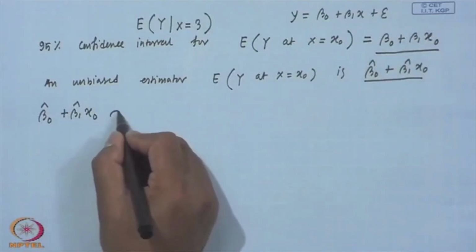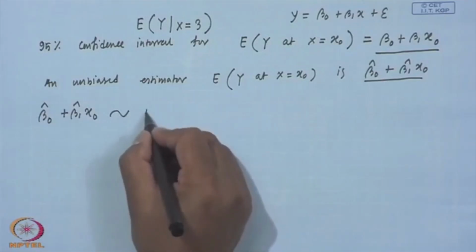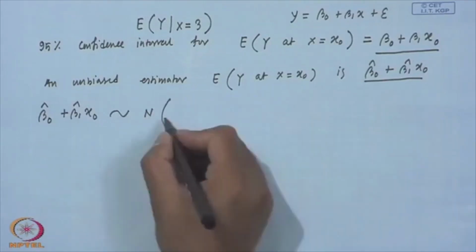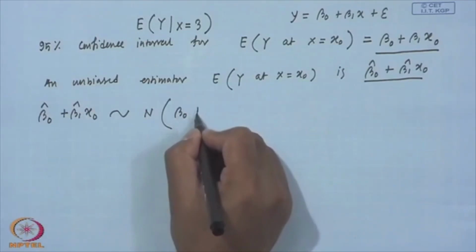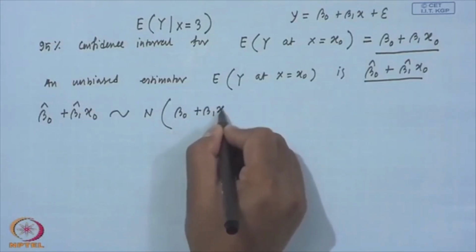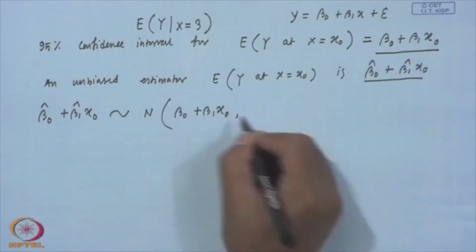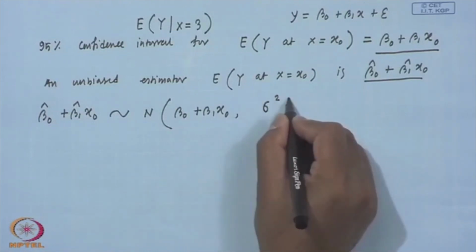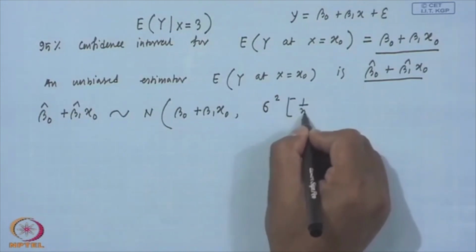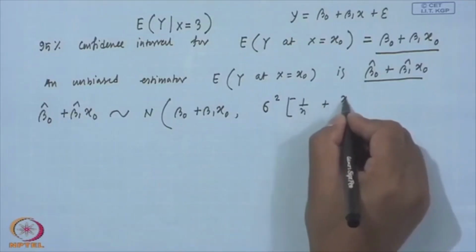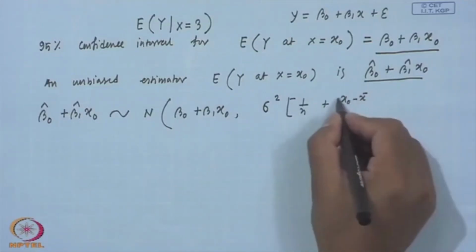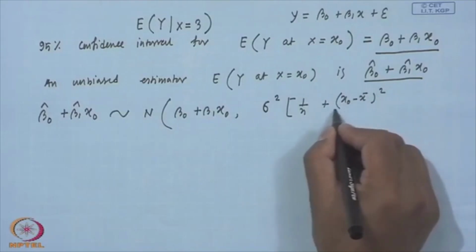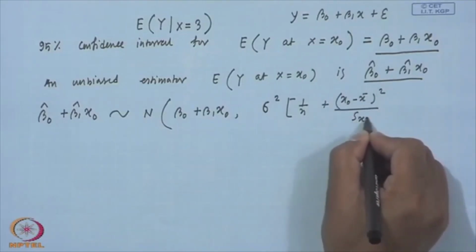So, this follows a normal distribution with mean beta naught plus beta 1 x naught, and you can check that this has variance sigma square times 1 by n plus x naught minus x bar whole square by S_xx.